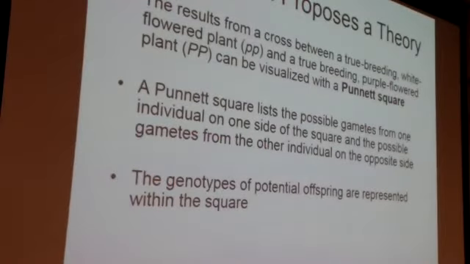But for a definition, a Punnett square is a chart that shows possible outcomes of a cross.